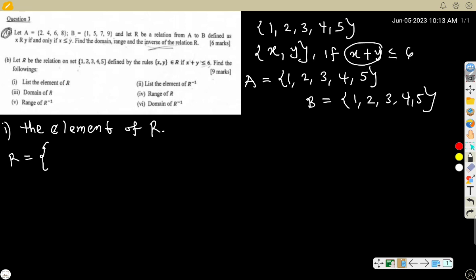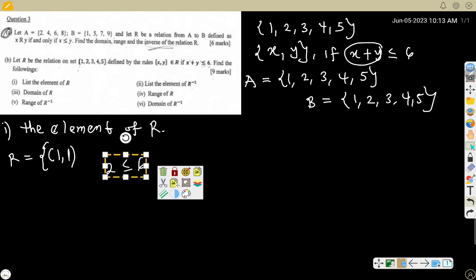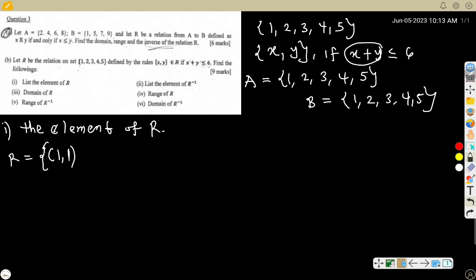Okay, we have 1 comma 1, because 1 plus 1 is 2, so it is less than or equals to 6, so it's allowed. So continue with others. So 1 comma 2 is also part. 1 comma 3, 1 comma 4, 1 comma 5.